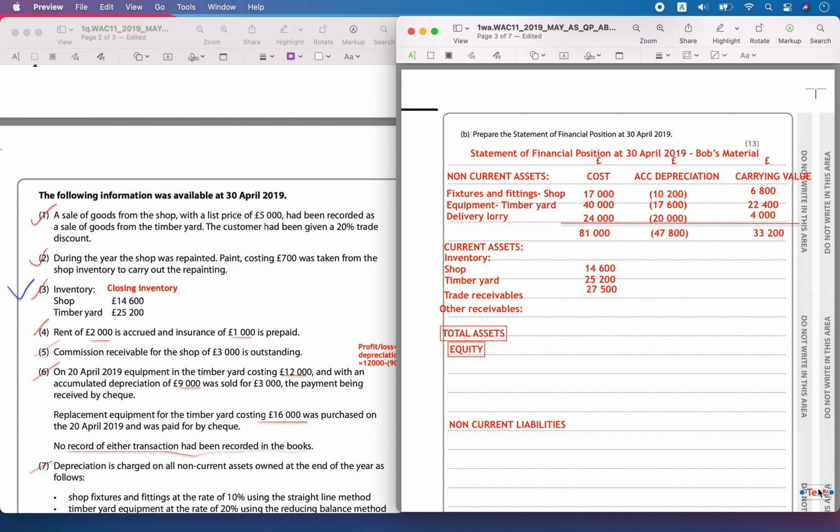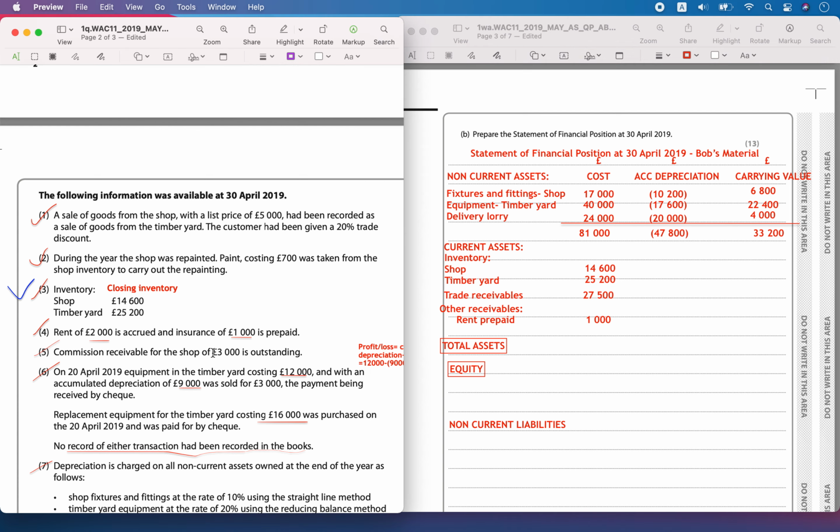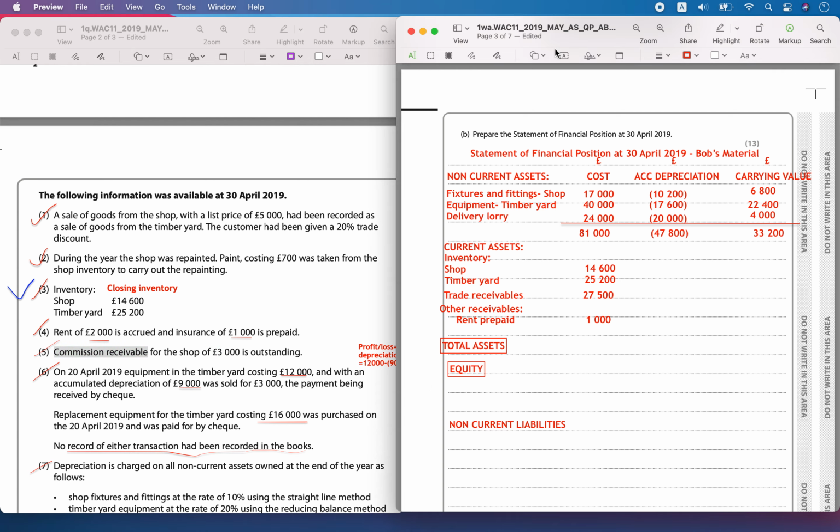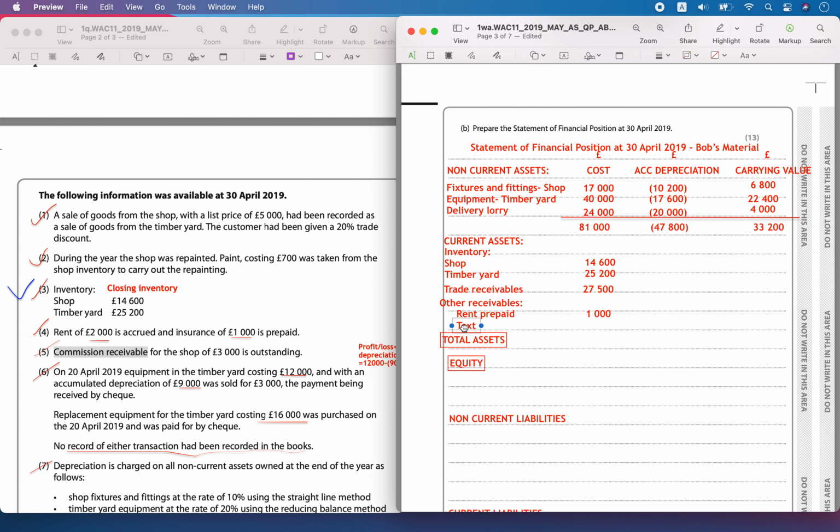One is the rent prepaid, which was £1,000. It becomes like an income, so the rent prepaid becomes other receivables. Then you have commission receivable, £3,000 was outstanding. This is also yet to come this year, so it also becomes other receivables.